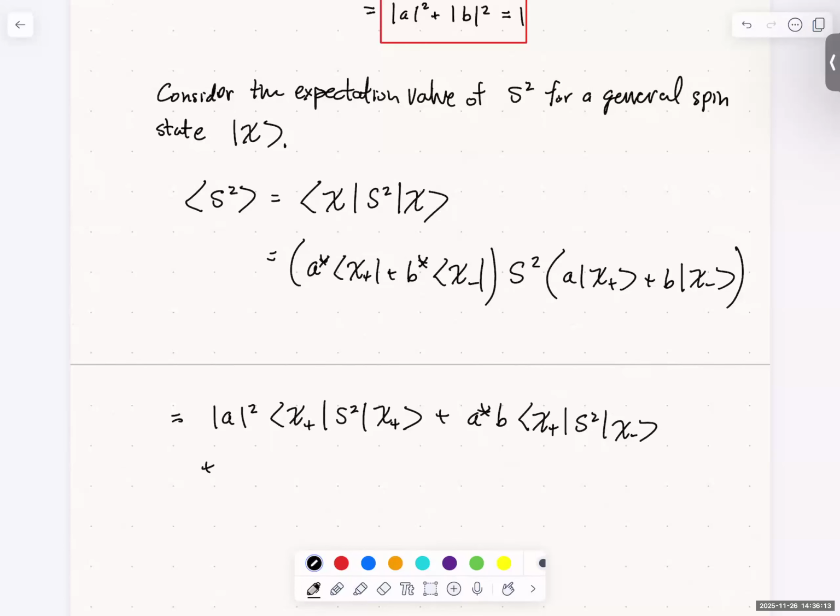Then we should get a b star: a chi minus for b star, s squared, and chi plus for a. And then lastly, we should get b squared, so it should be chi minus s squared chi minus. I think that's probably right. So I'm going to call this 1.